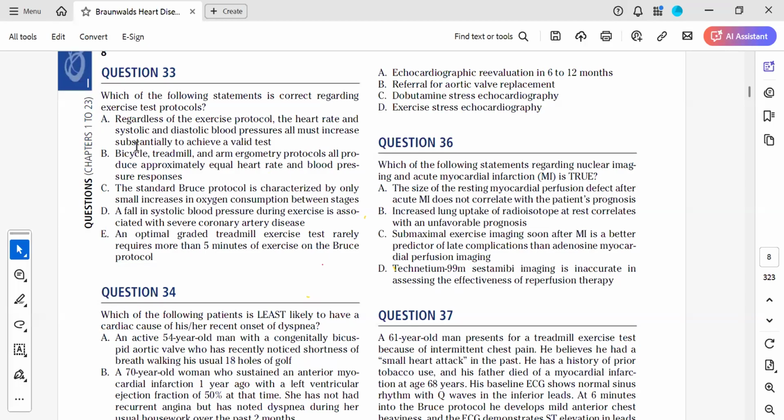We have other ones, of course, like the bicycle protocol, and this one is usually used for conditioned patients because of the ramped nature of the test. Also, we have the arm crank ergometry. It's usually used for those people who cannot perform leg exercise and patients with severe peripheral artery disease.